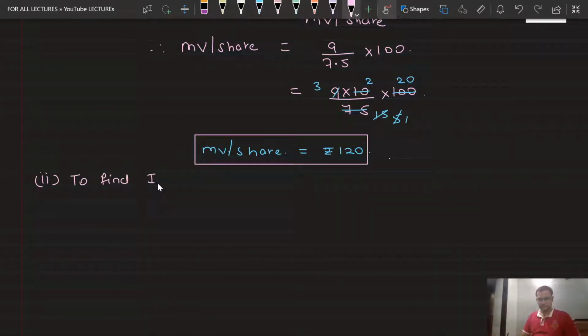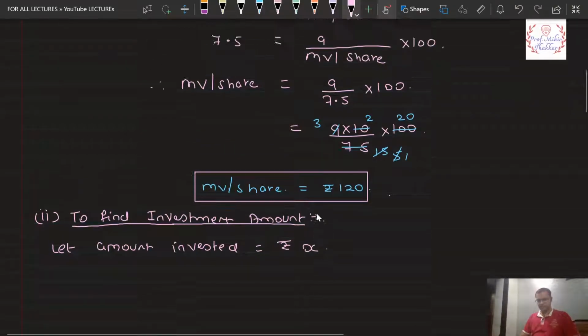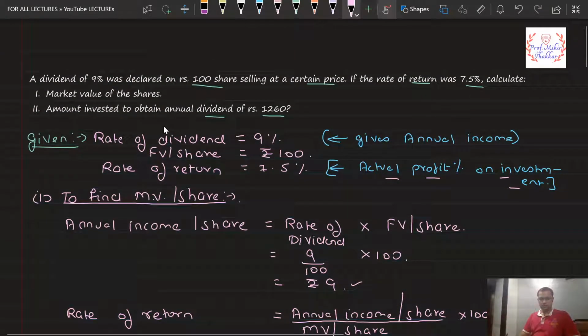Now the second part, to find the investment amount. Let the amount invested be rupees X. So as per the question, it wants a total annual dividend of 1260.